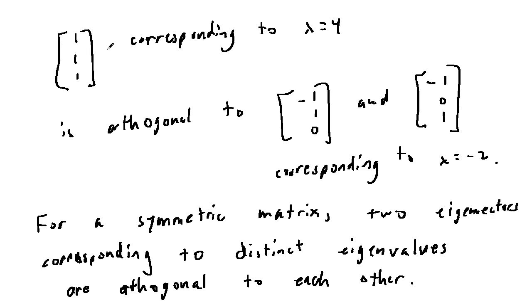Okay, so since this eigenvector corresponds to lambda equals 4, and these two eigenvectors correspond to -2, this eigenvector is orthogonal to this guy and that guy.